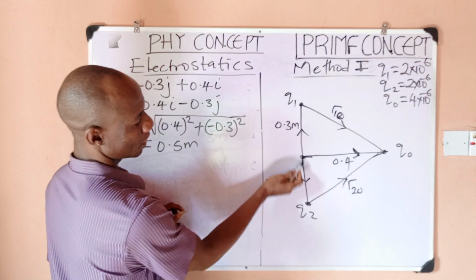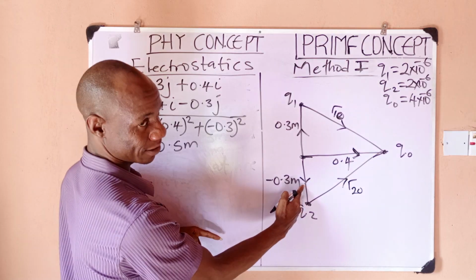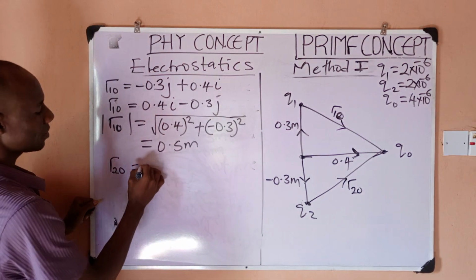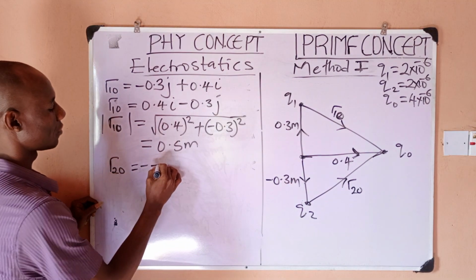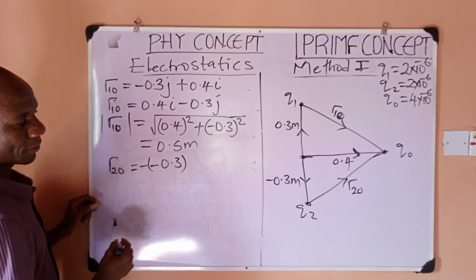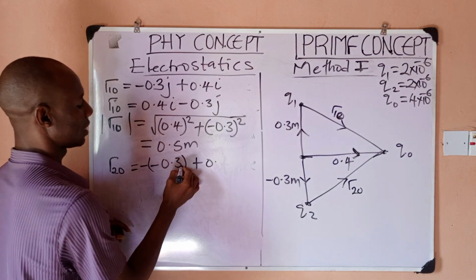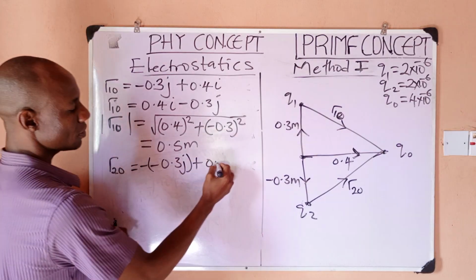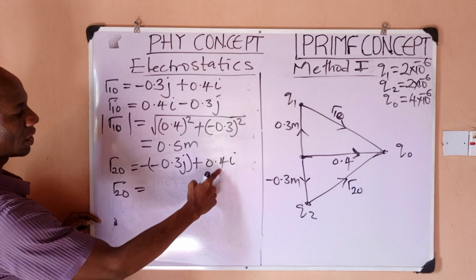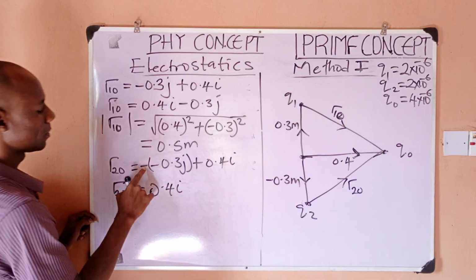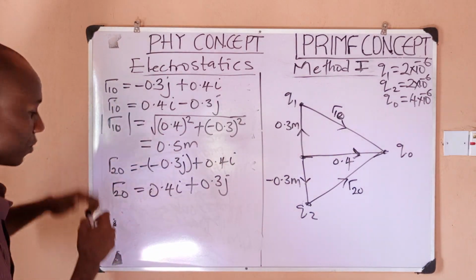Since we're moving against this arrow, it's going to be negative of negative 0.3, so positive 0.3 j. Then we move in the same direction, positive 0.4 i. Rearranging, R20 is 0.4i plus 0.3j. So this is what we have. Now I want to find the magnitude.